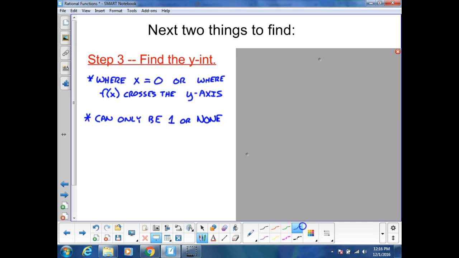The none case would be if we have a vertical asymptote at x equals 0. That's the y-axis. So that would be a none case. Okay? Fantastic. So, how do I go about finding the y-intercept?